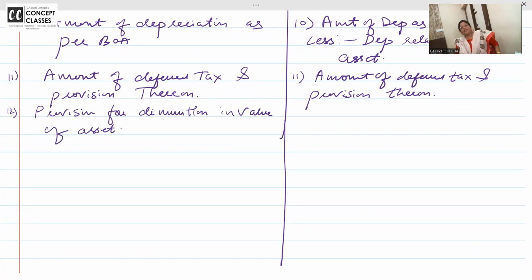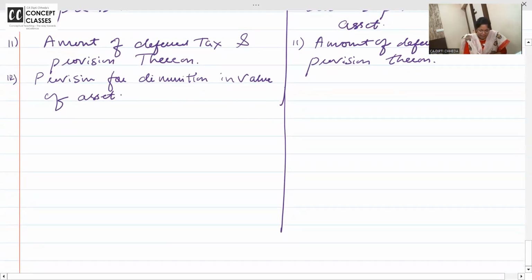Like you are writing off the asset, you are discarding the asset. So if there is any provision, what do you do? Add back. Because whenever you sell, actual loss, so you are allowed only to take, no? 12th point, there is one point I'll make you write afterwards, leave the gap. 13th point.